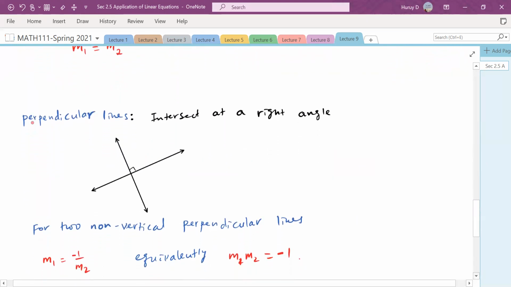Now let's look at perpendicular lines. Perpendicular lines are lines that intersect at a right angle. They intersect, and the angle that they intersect at is 90 degrees, 90 degrees on four sides, which means right angle. That's what we call perpendicular lines. And here again, we don't want the lines to be vertical.